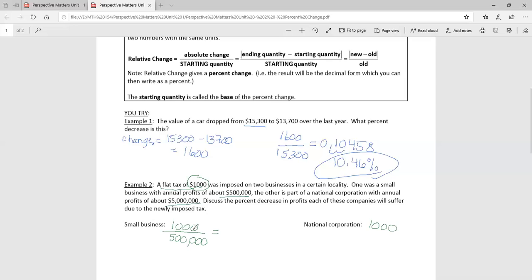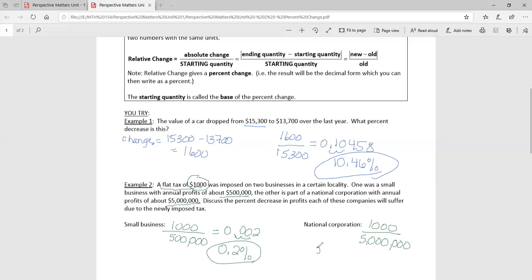So that gives me, when I punch that in, watch your zeros, a decimal 0.002. Now, when I put that into percentage form, move it over, it's 0.2%. When I come over here, we're going to take that same 1,000, but this time it's going to be out of 5 million.